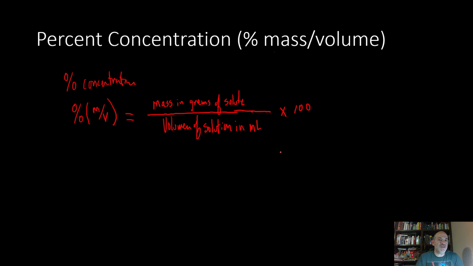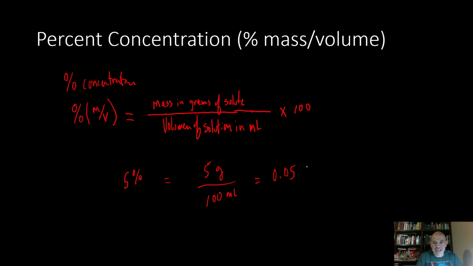So if we were to do 100, it would be very easy. If I said make a 5% solution in 100 milliliters, it is really easy because it would be 5 grams, right? So if our goal was to make a 5% solution of whatever. And the beauty of this, it doesn't matter what the substance is. It could be sodium chloride, sucrose, or whatever. It would be made exactly the same way. A 5% solution would be basically 5 grams in 100 milliliters. When you divide 5 by 100, ignoring the units, you're going to get 0.05.